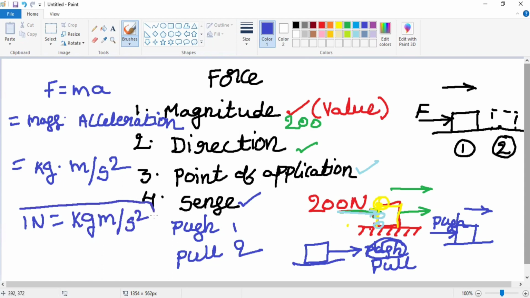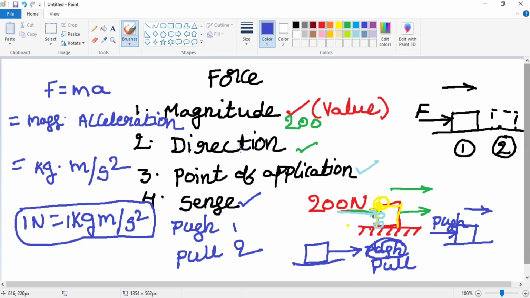From a competitive point of view, this is important. This can be obtained from the relation F equal to ma, where m is the mass in kg and a is the acceleration in meter per second square.